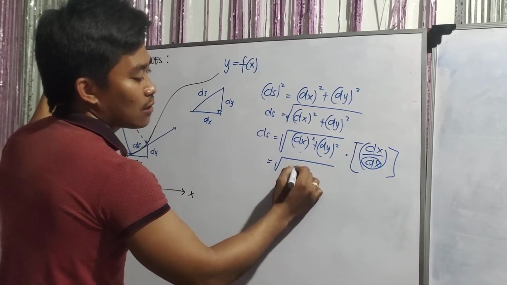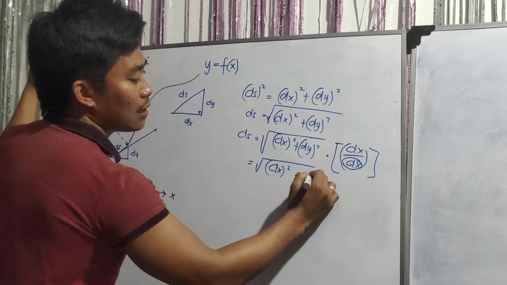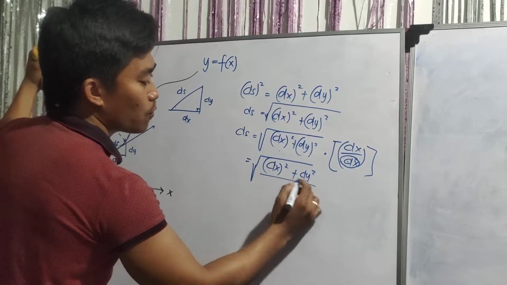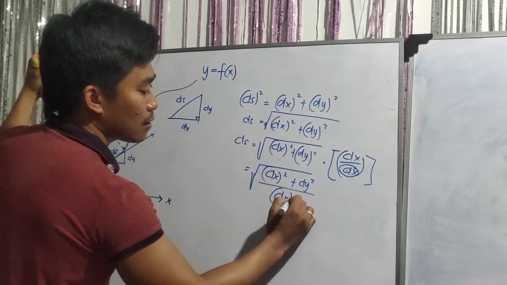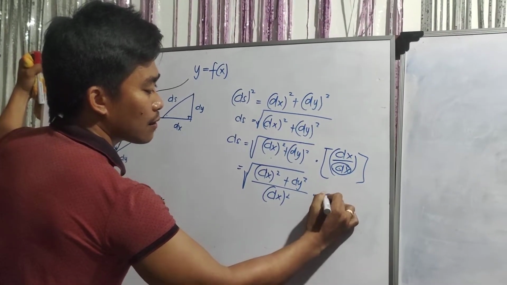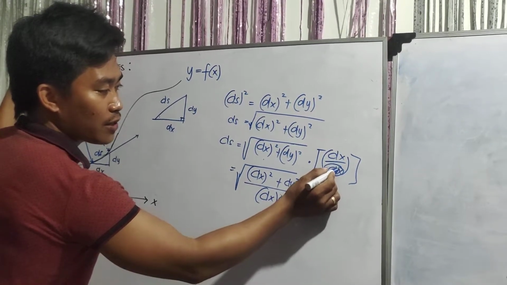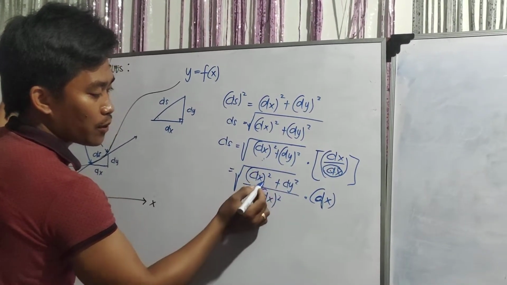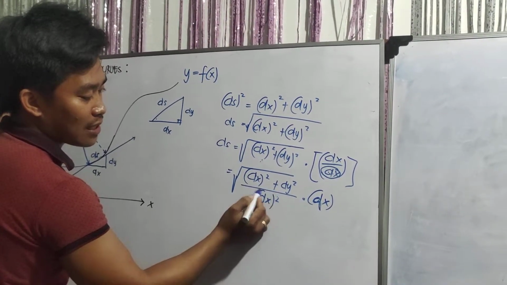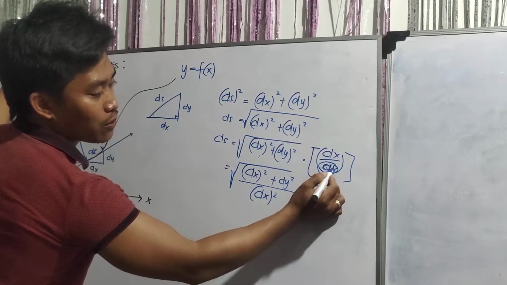So it becomes the square root of dx squared plus dy squared over dx squared, times dx. Yung dx niyan, pinasok sa loob ng square root, which is denominator. In short, magiging dx squared siya. Kasi pag extract ng square root na yan, the square root of dx squared will again come back to dx.